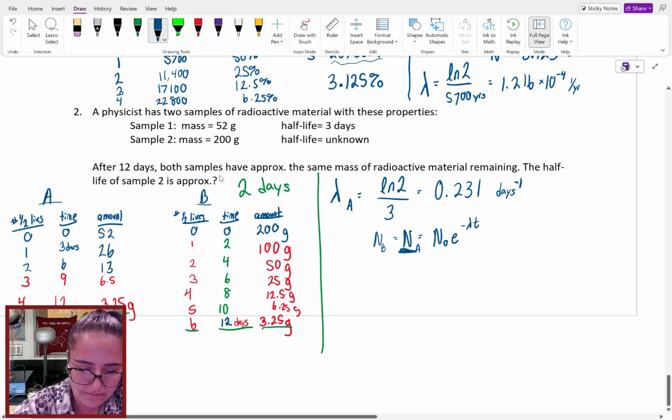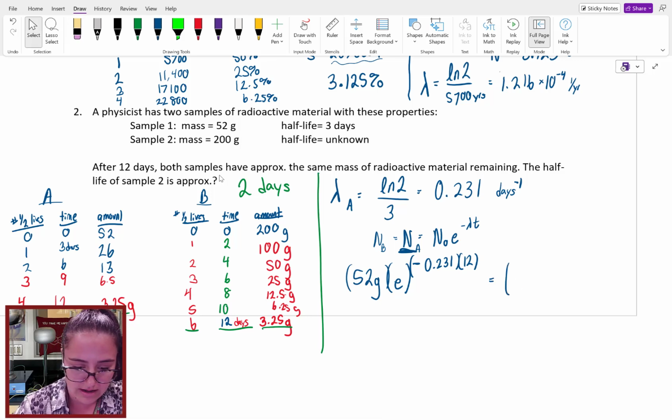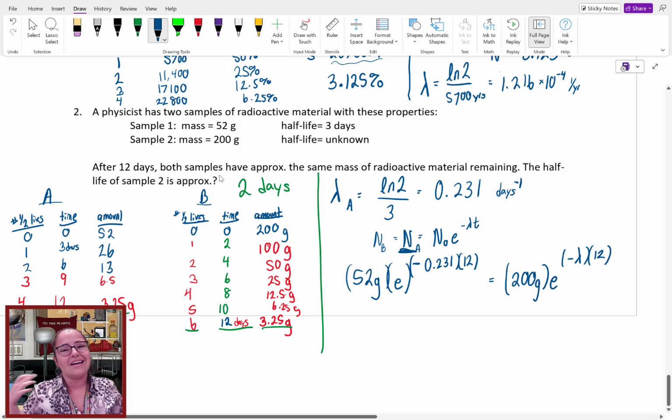For sample A, we have its initial amount, 52 grams, times e to the negative 0.231 times 12, equals our other initial amount, 200 grams, times e to the negative decay constant, which we're trying to find, times 12. And now we do algebra, and hopefully we get 2 days.